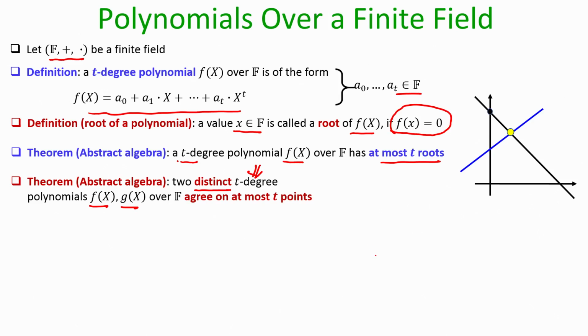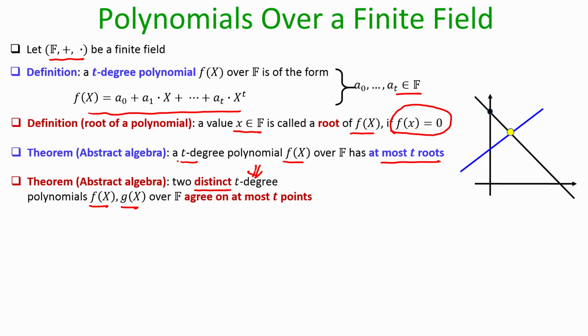It is like saying the following: you take two straight lines, there can be at most one point which is lying both on the first straight line as well as on the second straight line. You can't have 2 points which are common and lying on both the first straight line as well as on the second straight line, because if that is the case, that means the two straight lines are the same straight line in the first place.